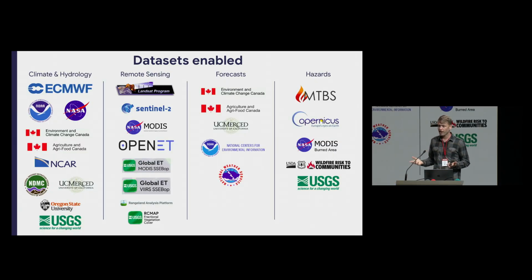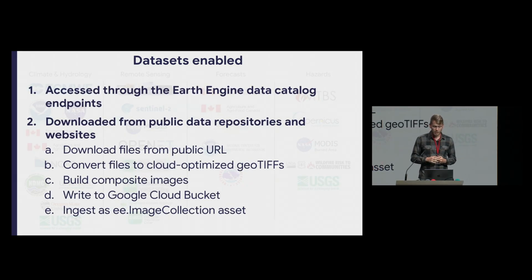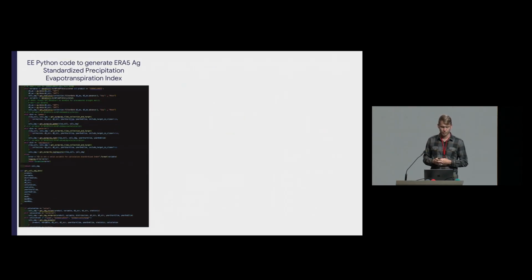And we have over 80 data sets enabled in Climate Engine across climate and hydrology, remote sensing, forecasts, and hazards. Many of those are accessed through the Earth Engine data catalog, but many others are ones that we ingest, convert to cloud-optimized geotiffs, write to Google Cloud buckets, and ingest into Earth Engine.